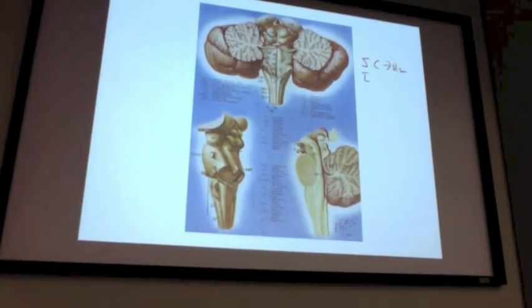Inferior colliculus is hearing. These are relay nuclei. So they're on the quadrigeminal plate, which is just behind the aqueduct. You can kind of see that here. So here's the quadrigeminal plate. That's exactly what you're looking at right there. Here's the aqueduct.